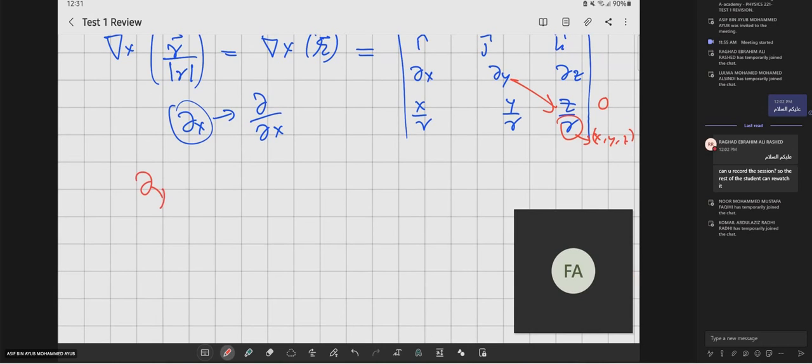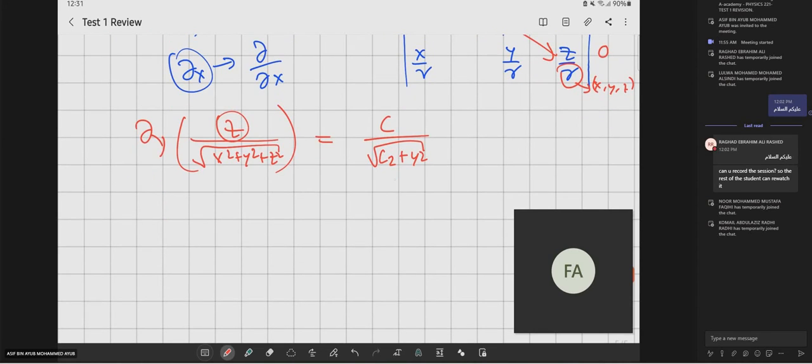So let's see, partial y of z over square root of x squared plus y squared plus z squared. You can treat z as a constant, and you can just say that this is some constant over some other constant plus y squared. So I'm just focusing on the variable of the derivative itself.